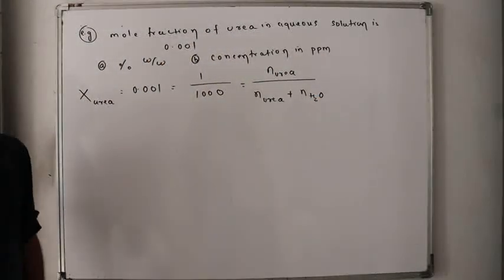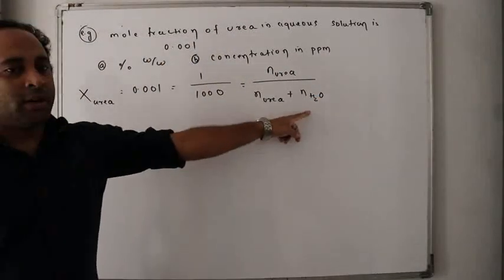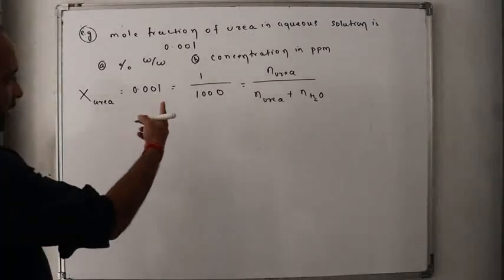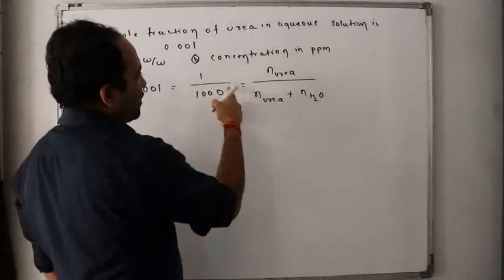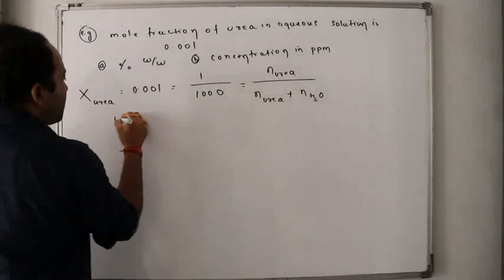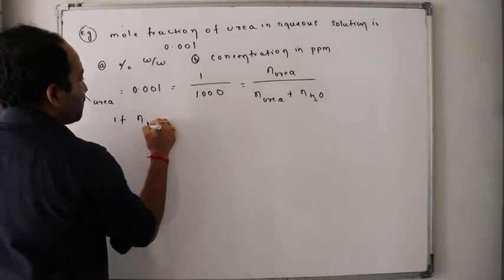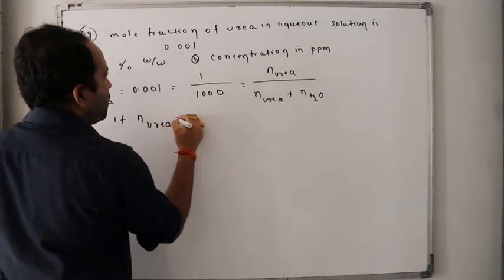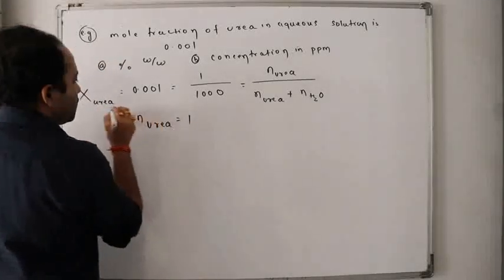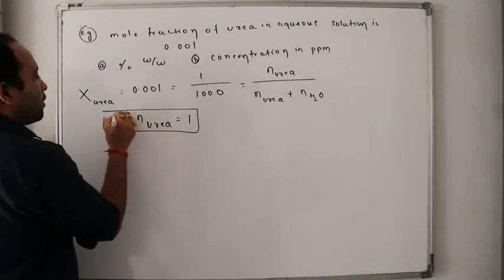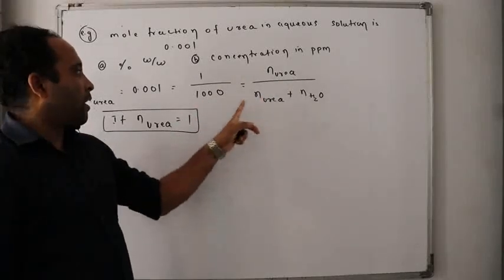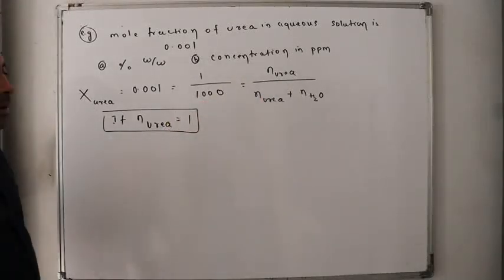Yes or no? Or I can write this as N total. Assuming the number of moles of urea is 1, then I can find the number of moles of water. If the number of moles of urea is equal to 1, then how can I find the number of moles of water?